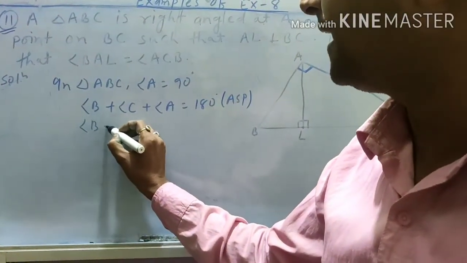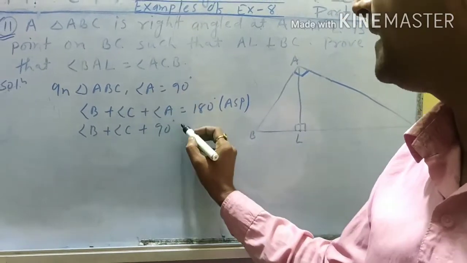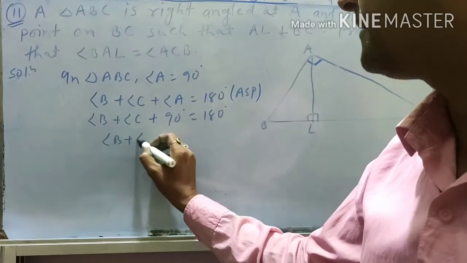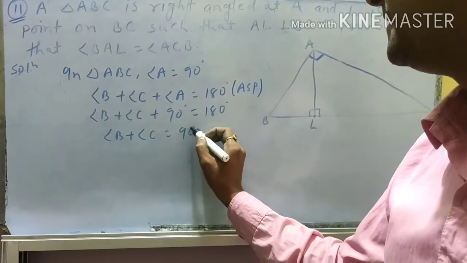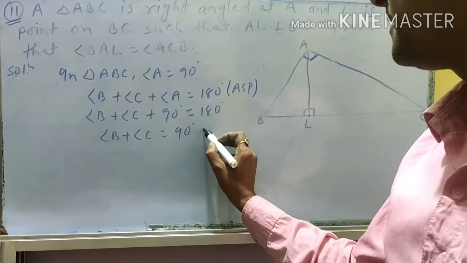So angle B plus angle C plus 90 degrees, because this value is given, is equal to 180 degrees. So angle B plus angle C is equal to 90 degrees. This value moves to the right side and we subtract it.